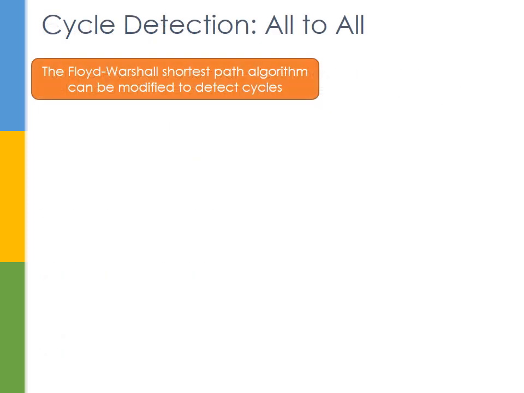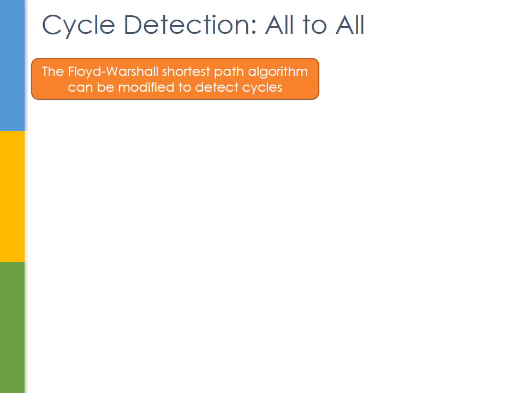As for shortest path detection algorithms, there are once again several different ways that we can detect cycles within graphs. Now, the first approach that we're going to look at is based on the all-to-all shortest path detection algorithm that we discussed right at the end of the previous lecture.